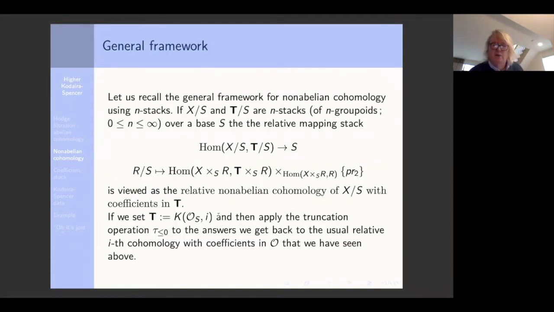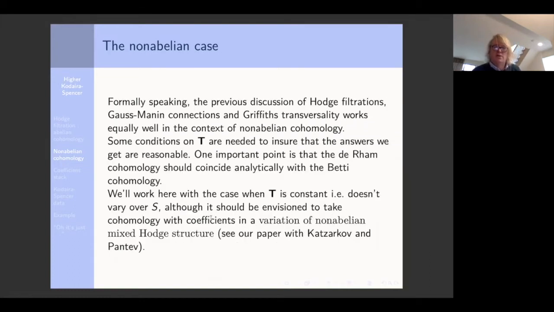So that's why we're going to call this non-abelian cohomology, because if we took an abelian space here, then we just got back to the usual abelian cohomology. Okay, so just in formal terms, the previous discussion of Hodge filtrations, Gauss-Manin connections, Griffiths transversality, and everything carries over perfectly well in this context.